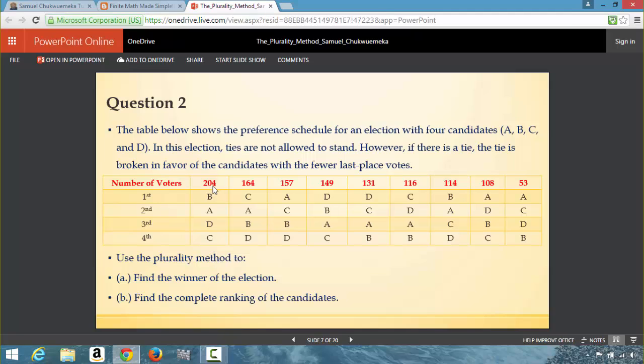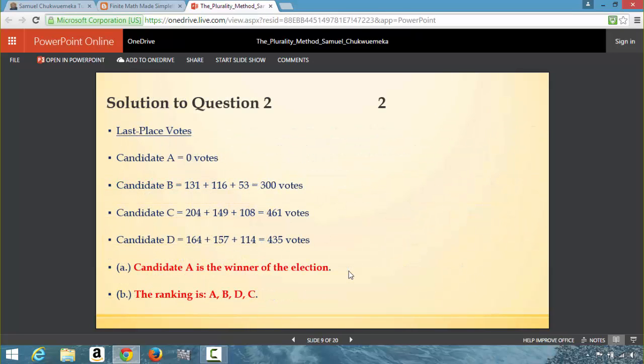For C, it's 204 plus 149 plus 108. For D, it is 164 plus 157 plus 114. When we do that, we see that 461 voters placed candidate C as their last choice, while 435 voters placed candidate D as their last choice.